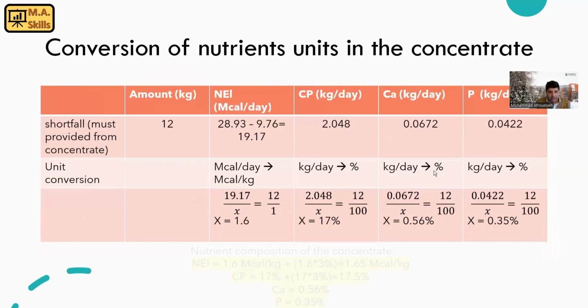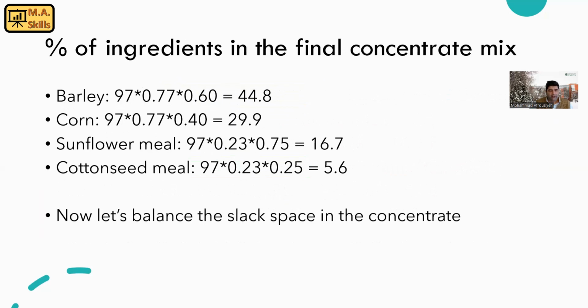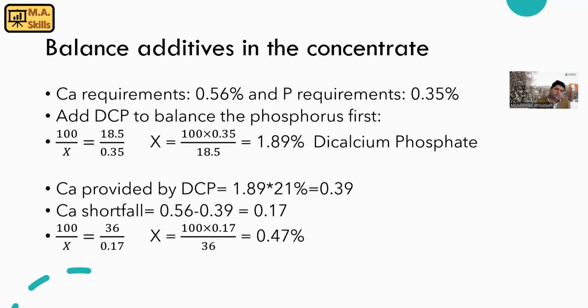So here, I'm just going to calculate the amount of dicalcium phosphate in the diet. I'm saying each 100 grams of dicalcium phosphate has 18.5 grams of phosphorus, as I showed you in the feed ingredients table.